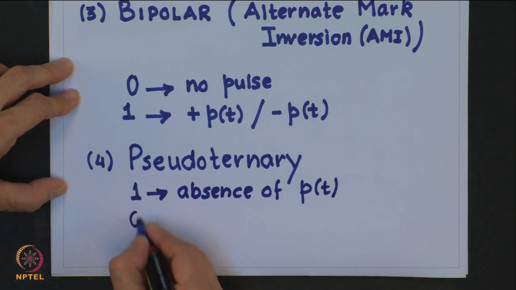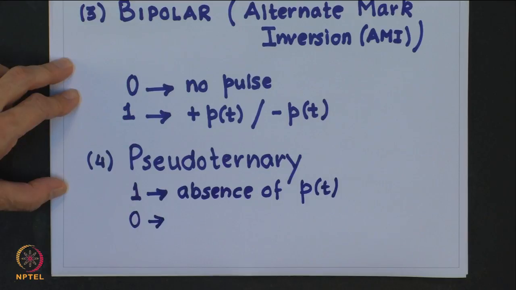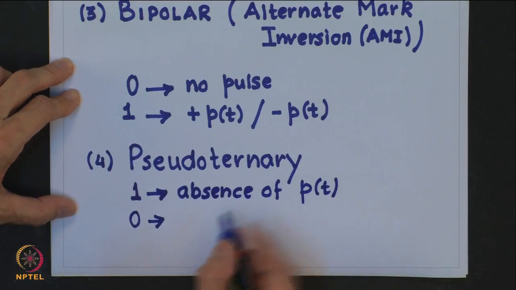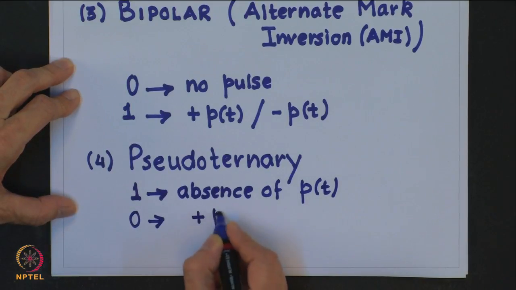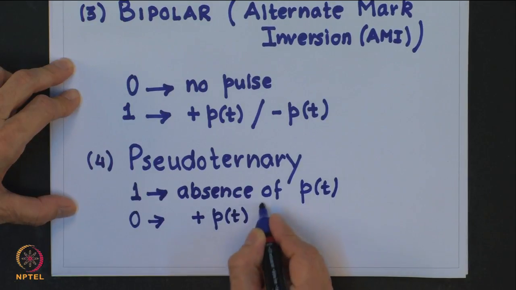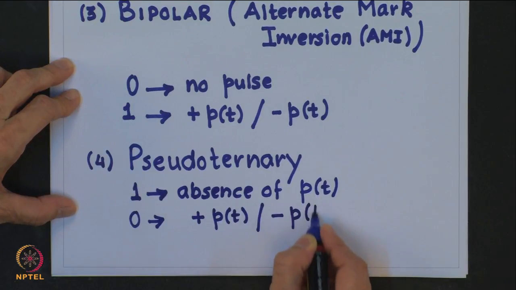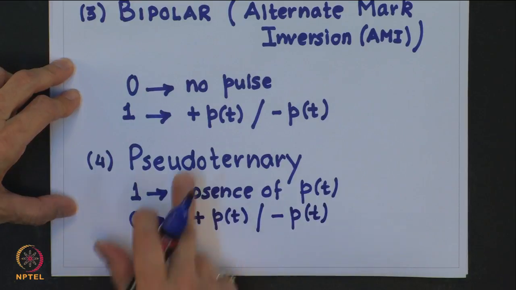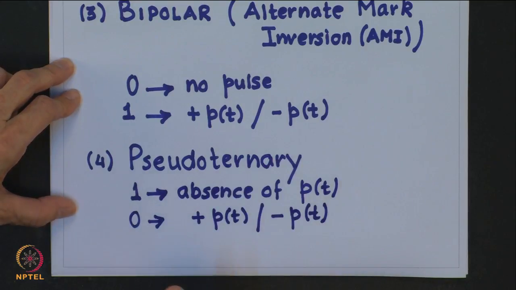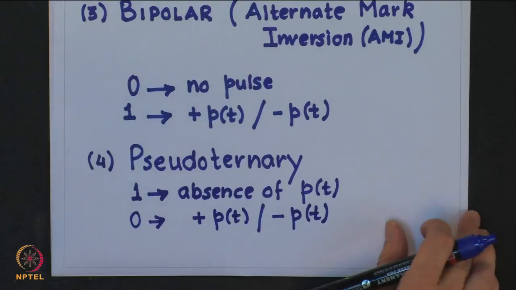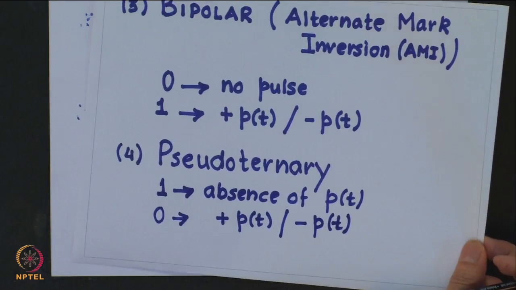And 0 is represented by alternating positive and negative Pt. So, no specific advantage or disadvantage over bipolar AMI. Okay.